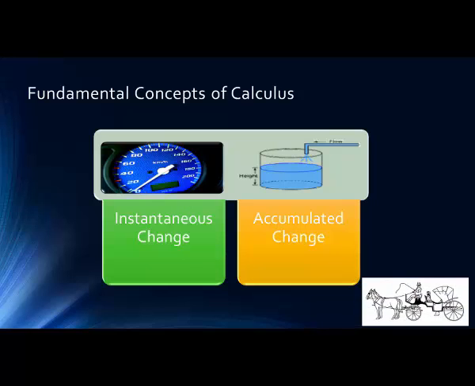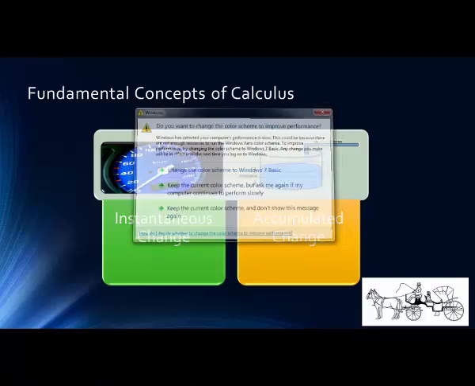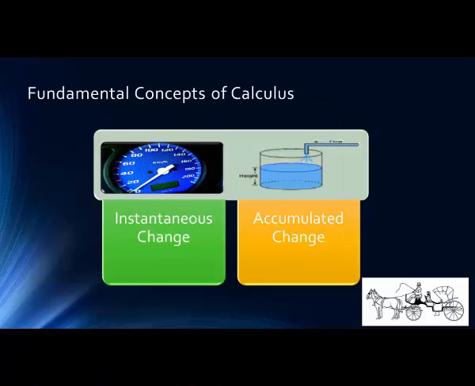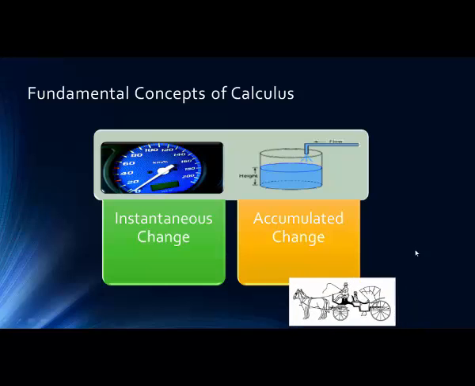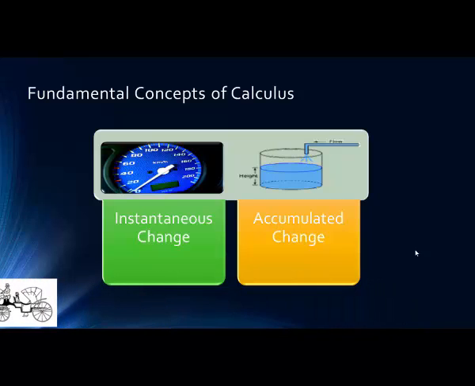But think about it. A couple hundred years ago, when we were driving a horse and buggy, we didn't have an odometer or speedometer. So as we're going along, we don't really know exactly how fast or what our instant rate of change is, or the speed of our horse.